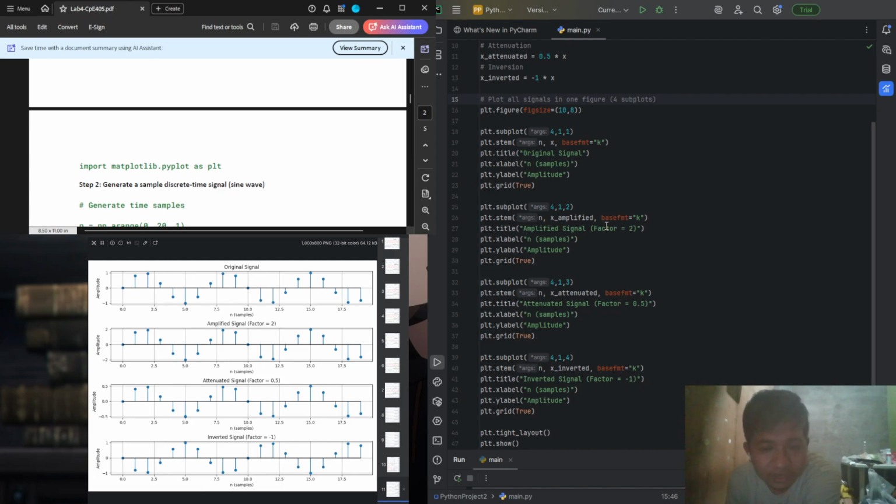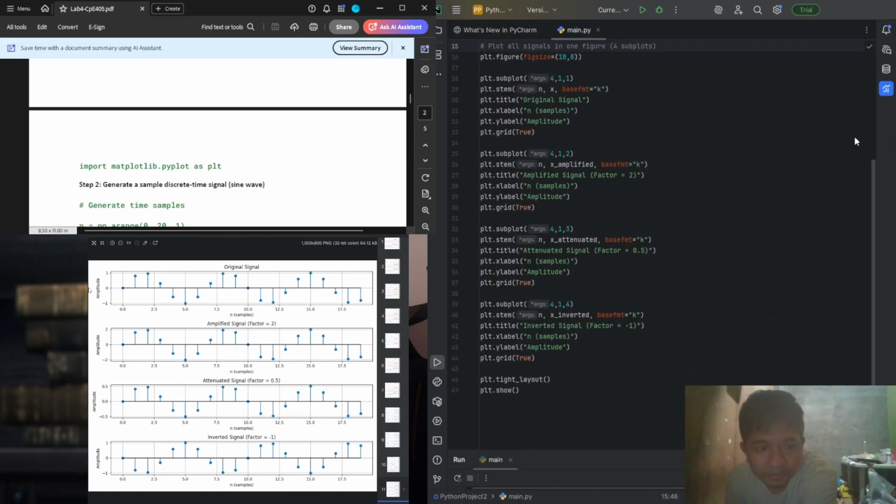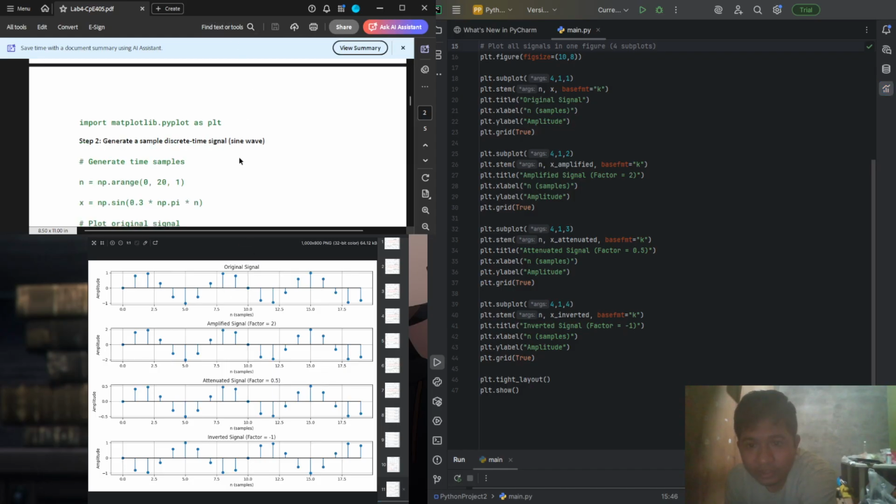Here we have a 0.5 factor, so from 1 multiplied by 0.5, or half, we have a 0.5 amplitude. In the inverted signal, as you can see here, the original signal is inverted about the horizontal axis. I also put labels here for the signals and the samples.